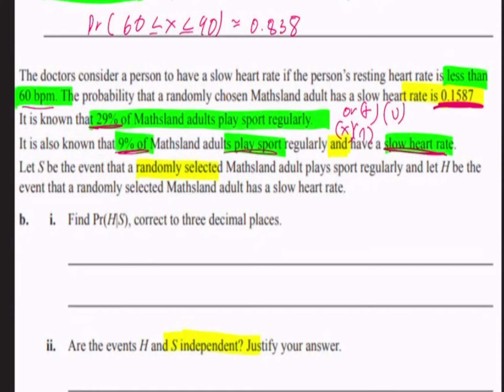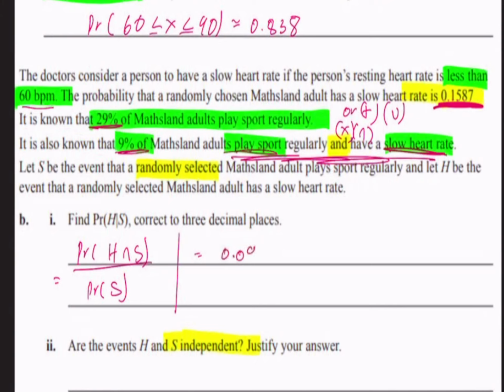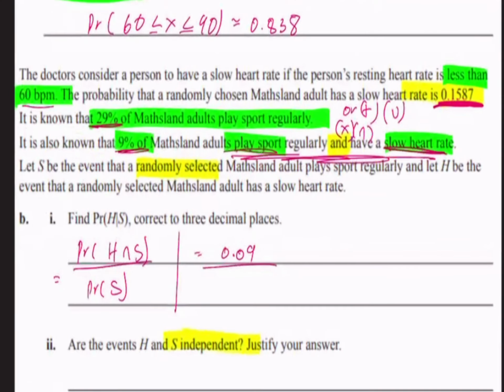So find the probability of H given S. We want the probability that H intersection S over the probability that S happens. H intersection S we got from here. Remember the and is intersection, so it's just 0.09. And S is sport, so 0.29.